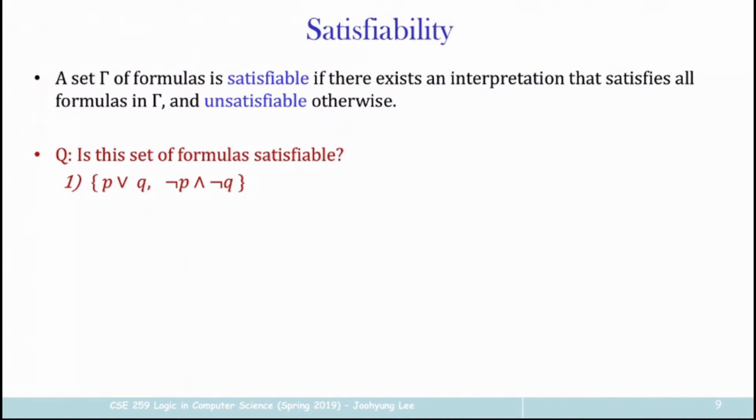Now let's do the Socrative. This is a true-false question. Can you find an interpretation that makes both formulas true?